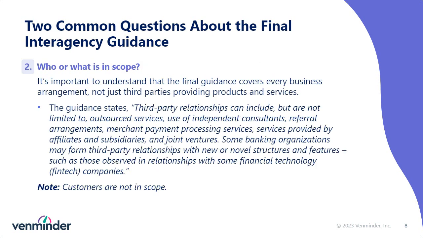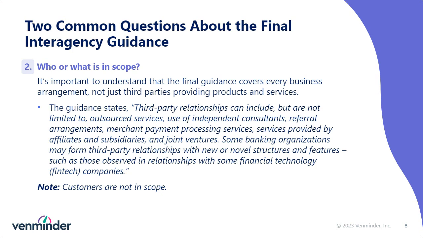So the next big question is, who or what is in scope for this new guidance? And this is probably the area that's going to give people the most anxiety, because this new guidance is applicable to every business arrangement or relationship you have, with the exception of your customers. So we're not just talking about typical vendors who provide products and services anymore, the ones that would always have been very obvious as your third party.